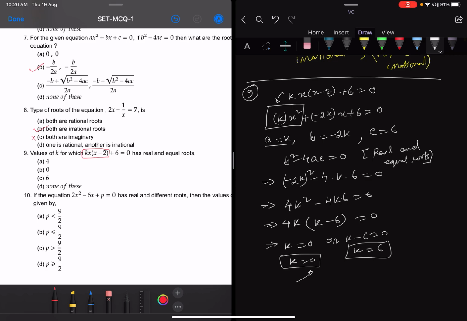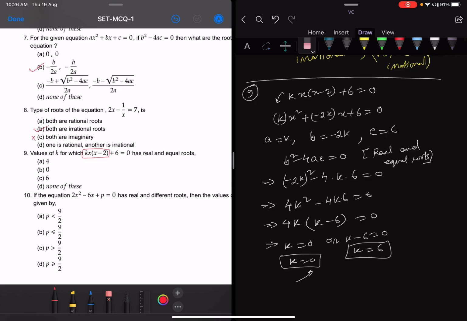If k is 0, then a equals 0, that means the coefficient of x squared is 0, so there is no x squared term. Then the total equation is not going to be a quadratic equation. So that's the problem.